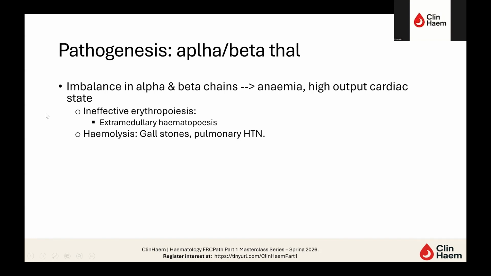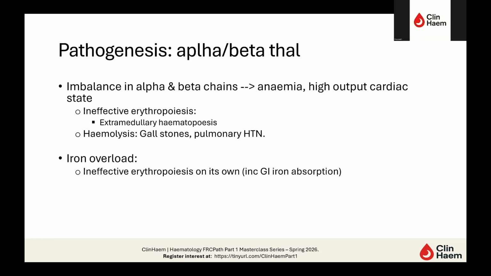Then one of the mechanisms, because the body's mechanisms are designed, if the body thinks that the person is anemic, maybe I just need to make more cells, more red cells, and that will overcome the problem. And in doing so, they will try to absorb more iron. Now, ineffective erythropoiesis on its own can cause increased iron absorption from the GI tract by inhibiting hepcidin.